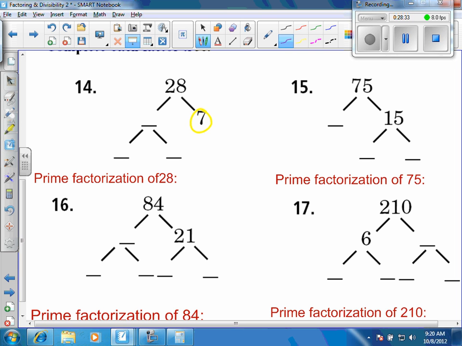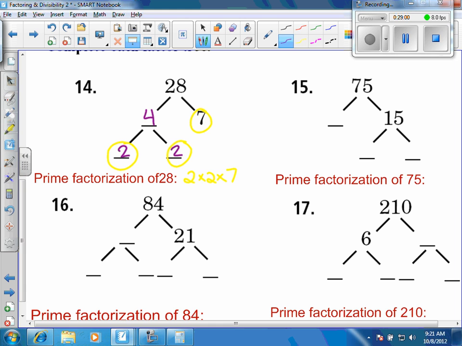4. Okay, so if 4 is here, then I have to keep going. What would have to go in the spaces below? 2 and 2. So now you've finished your factor tree. What's your prime factorization, Marcos? 2 times 2 times 7. So you write that here, right next to where it says prime factorization, and can you write that with exponents?